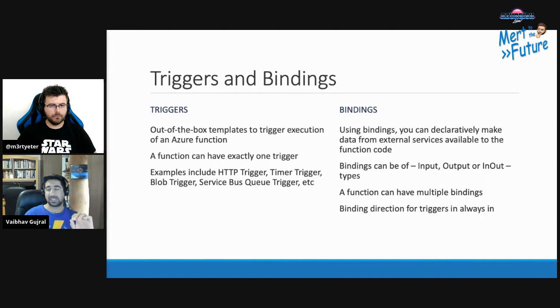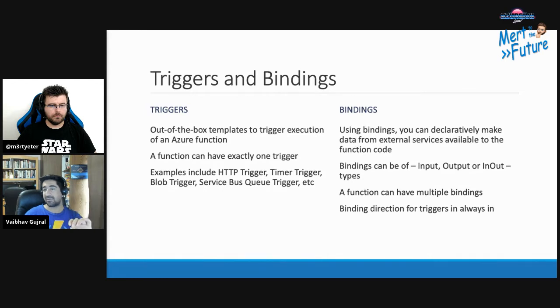Likewise, besides triggers, there is another thing known as a binding, which essentially lets you connect your Azure function to different other services, Azure as well as third-party. Bindings help you access data from those services and send data back to those. And bindings can be input or output bindings, or they could be bidirectional as well, in-out.